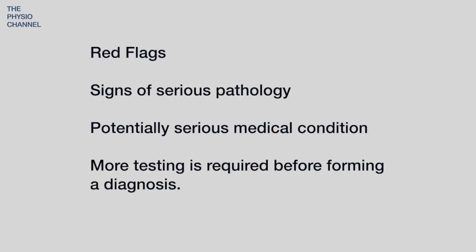The final thing on the list was red flags. Let me explain these in a bit more detail. If you're unfamiliar with the term in medicine, it means signs of serious pathology, which means there is an indication that you may potentially have a serious medical condition and more testing is required to check this theory before forming a diagnosis.